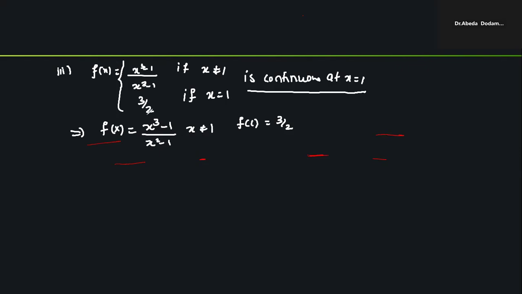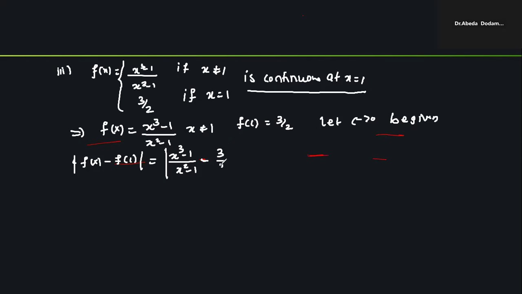Now let epsilon greater than 0 be given. Then we need to consider the difference between f of x and f at the point 1. This is equal to (x cube minus 1) upon (x square minus 1) minus f of 1, which is 3 by 2.